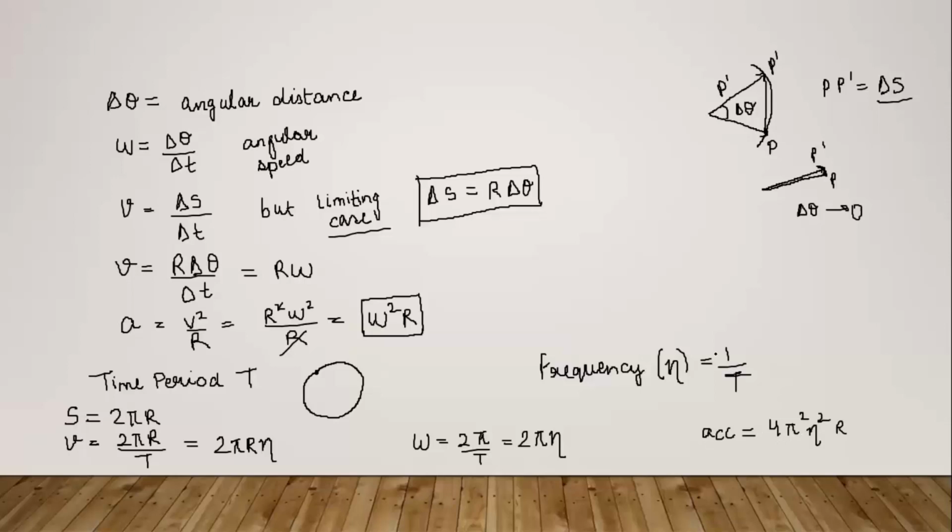Now we'll do one question to actually understand this concept of time period and frequency. Suppose the question says that an insect is trapped in a circular groove. This is some kind of circular groove, and the insect is trapped inside it, so it can only move inside the groove, in a circle of radius 12 centimeter.